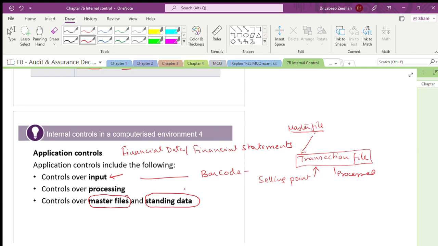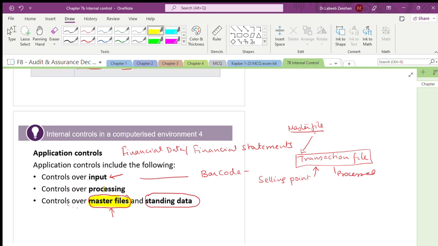Inputs, processing, and how the data is going to be handled. We will have controls at the input level, at the processing level, and subsequently at the master files level. This is repeatedly asked in the examination.